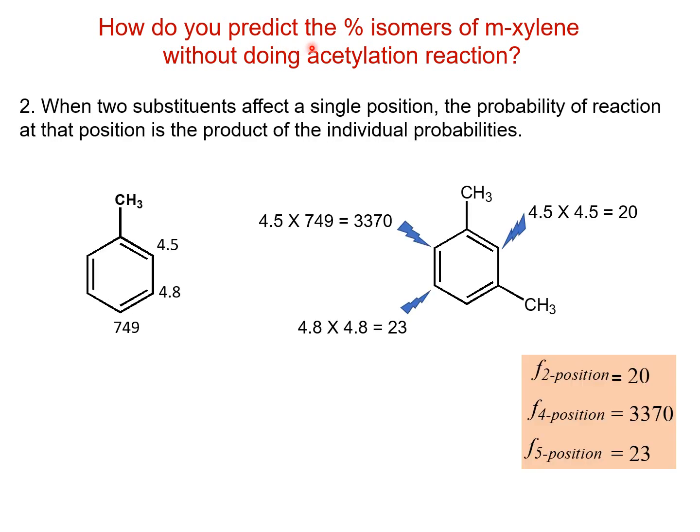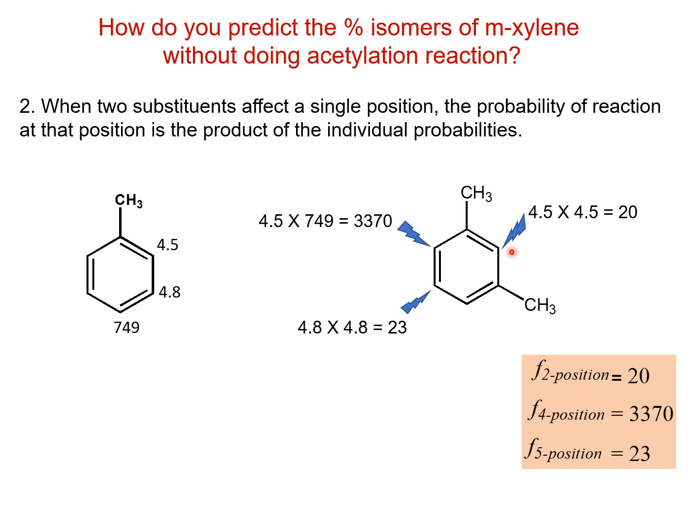To predict percent isomer of metaxylene in acetylation reaction, first we have to calculate the partial rate factor of each position of metaxylene. Please note that when two substituents affect a single position, the probability of reaction at that position is just the product of individual probabilities.